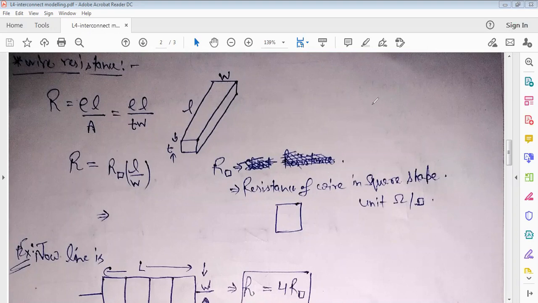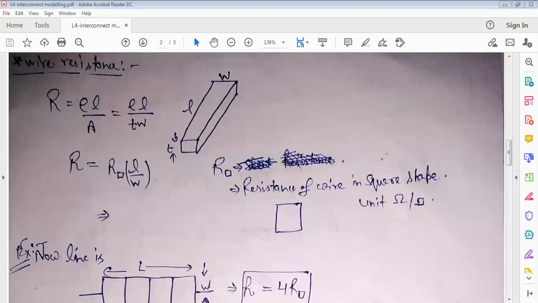Now what will be A? That will be W times T. So if I arrange this equation like this, rho upon T is kept here, and this is L upon W here. So this particular term rho upon T is defined by R square or R box.